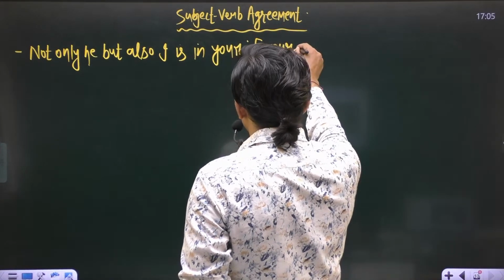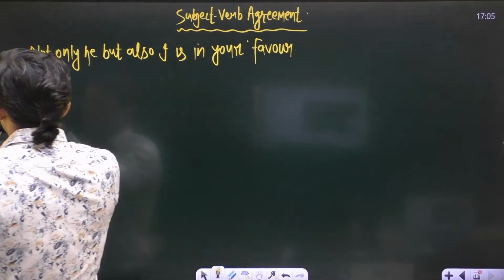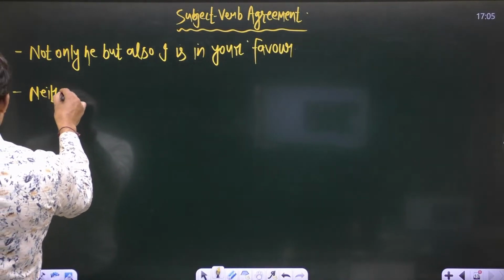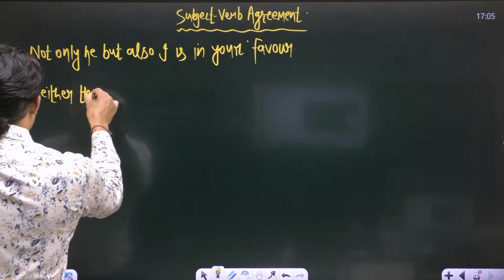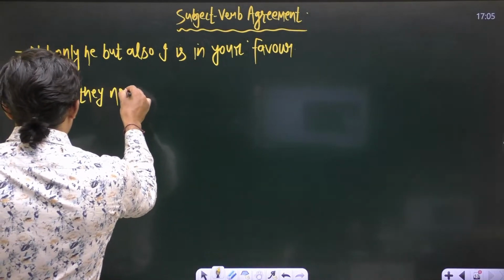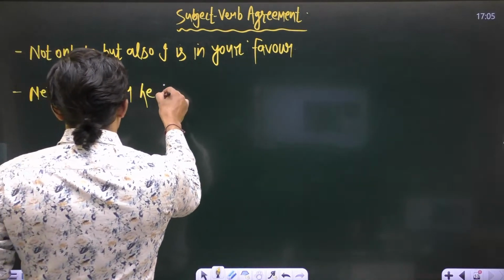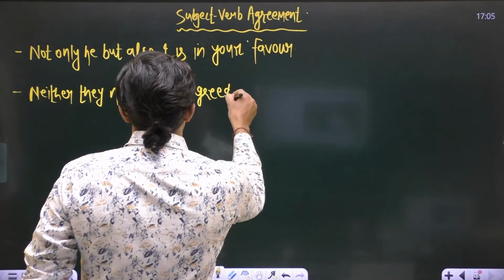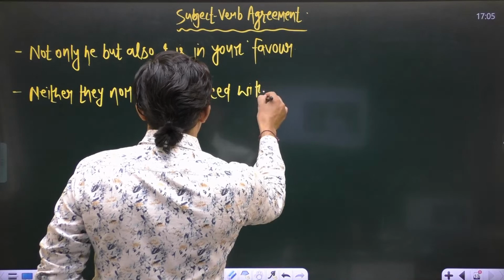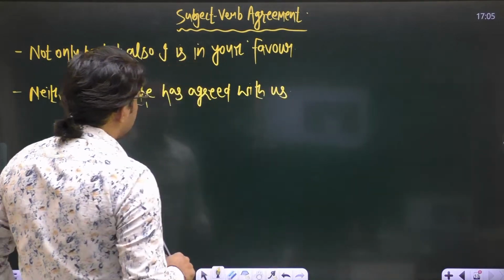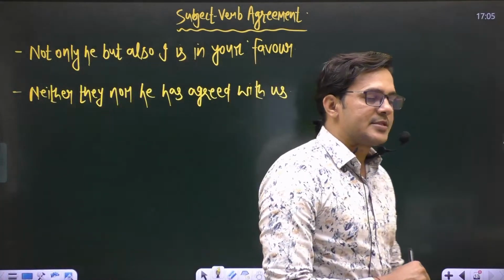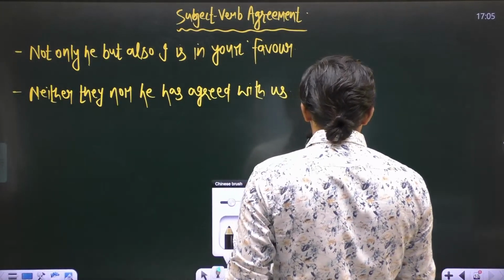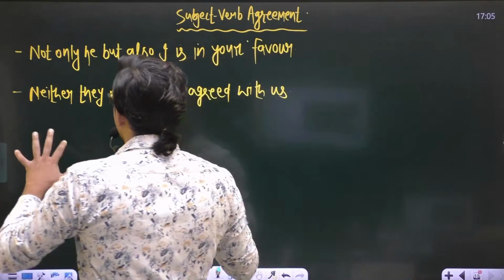First sentence. Second one is, neither they nor he has agreed with us. You have two different sentences, and the concept is what?